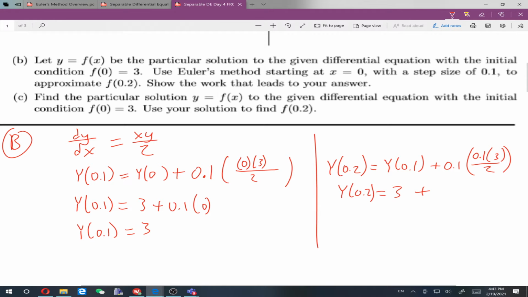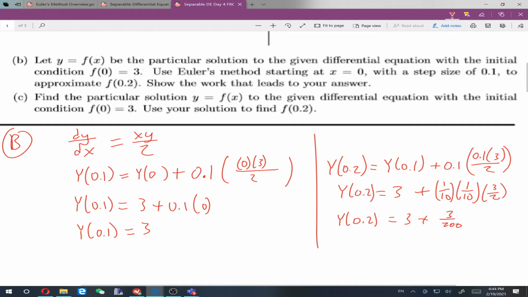So that's my previous x and y value. I think this might be easier to do as fractions. So 0.1 is 1/10. So this is 1 over 10 times 1 over 10 times 3 over 2. What is that? 3 over 200.